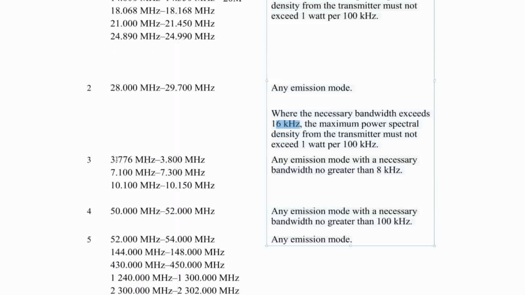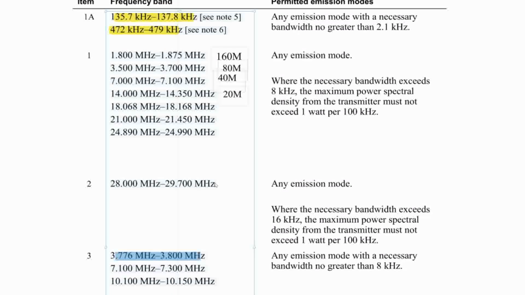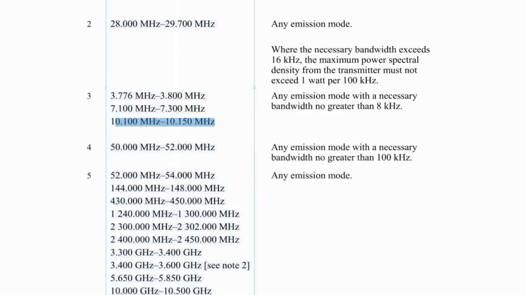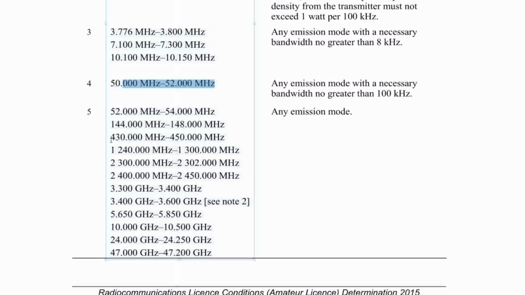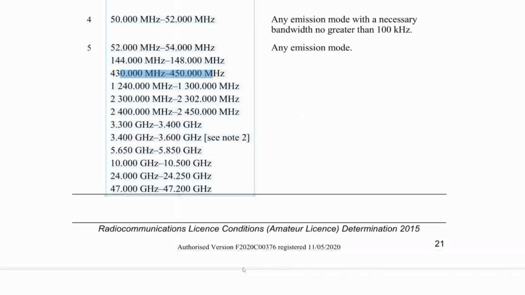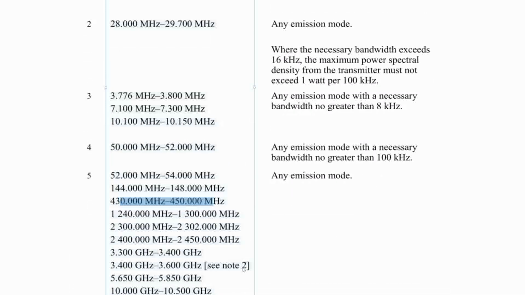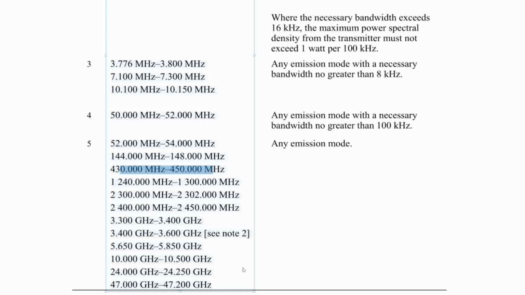Well, that's a DX window on 80 meters. That's the 40 meter band again, 30 meter band, 6 meter band, 2 meter band, 70 centimeter band, and so on. There's no way you can remember all of these.